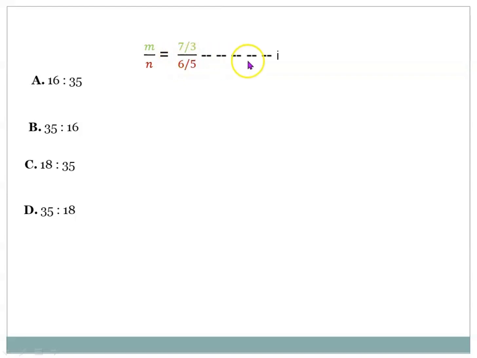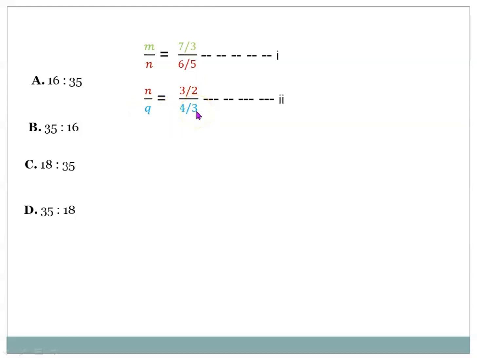Let that be equation 1, which is m over n. The same thing for n and q, let's write it this way as equation 2, where n is 3 over 2 and q is 4 over 3.